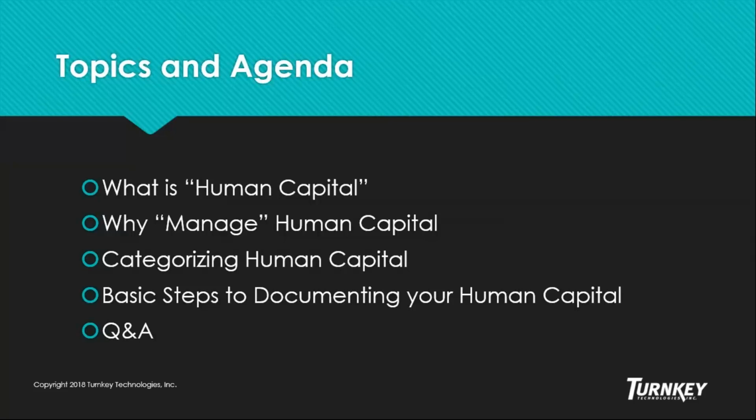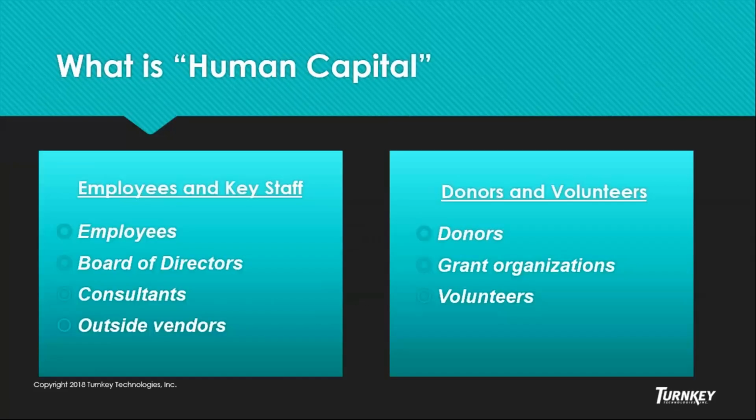Then we're going to break down categorizing human capital for not-for-profits into 2 main areas, employees and staff, and volunteers. The last thing we'll discuss are some basic steps to document your human capital, and some best practices around how to get started if you haven't done it, or how to make your documentation processes more effective.